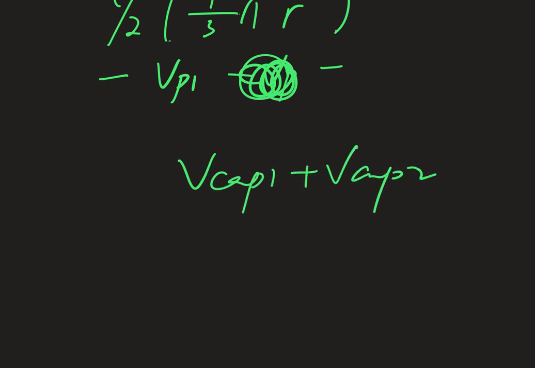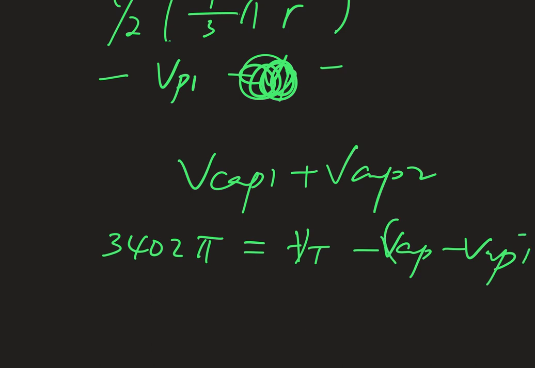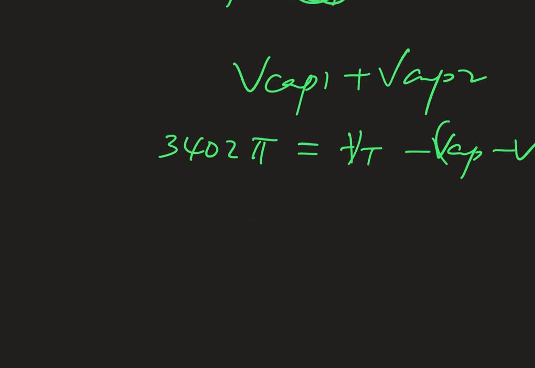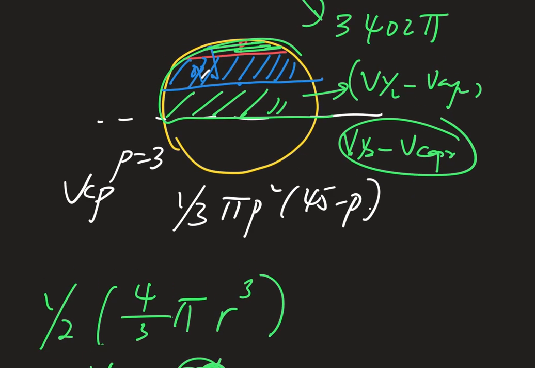Correct? So 3024 pi is equal to, just now, V total minus V cap 1 minus V cap 2. So that means now I just need to, come again. So this is a half here.